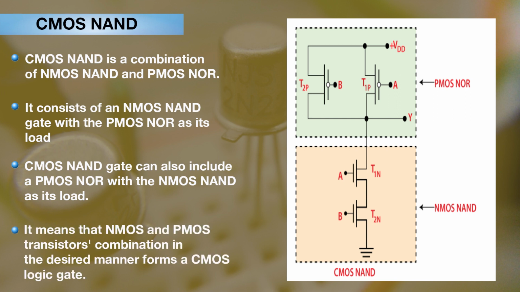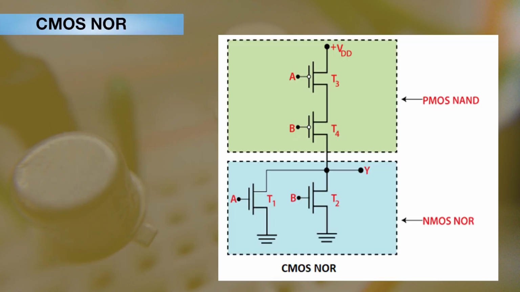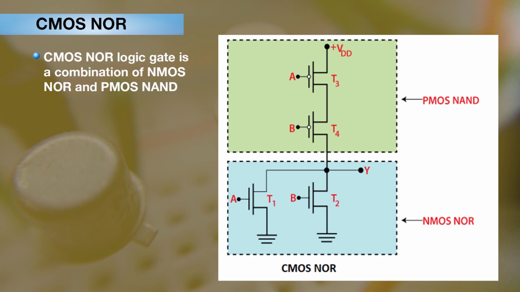That means the NMOS and PMOS transistor combination is the design manner of the CMOS logic gate. The output terminal is mentioned in this slide. Now we discuss the CMOS NOR. The CMOS NOR logic gate is a combination of NMOS NOR and PMOS NAND. The circuit diagram is shown in the figure.